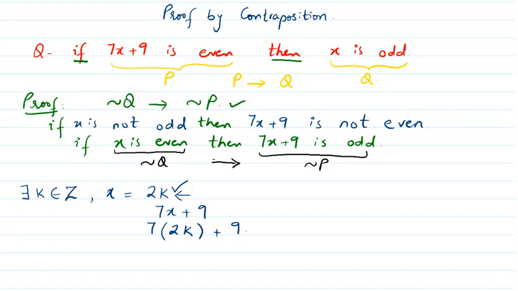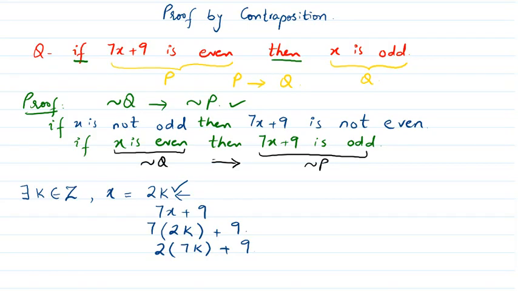This is in fact 7 times 2 times k, right? How I can further manipulate it? I can also write it like 2 times 7k. No problem, because all these three elements are in fact multiplying with each other, plus 9.